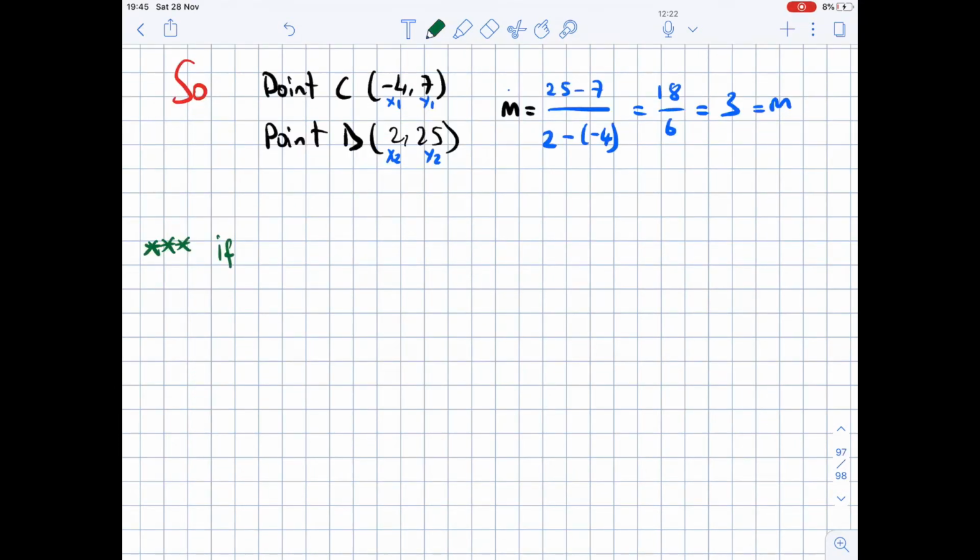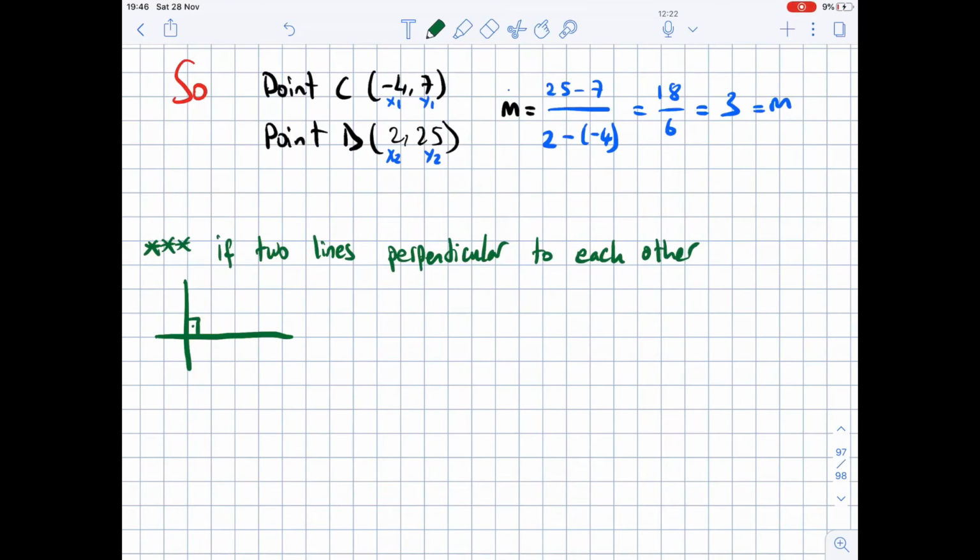Right now, what we need to know is if two lines are perpendicular to each other, the product of their gradients is -1. I'm going to show you, because if they are perpendicular to each other, there's a right angle between the two line segments. Let's say I'm drawing here.